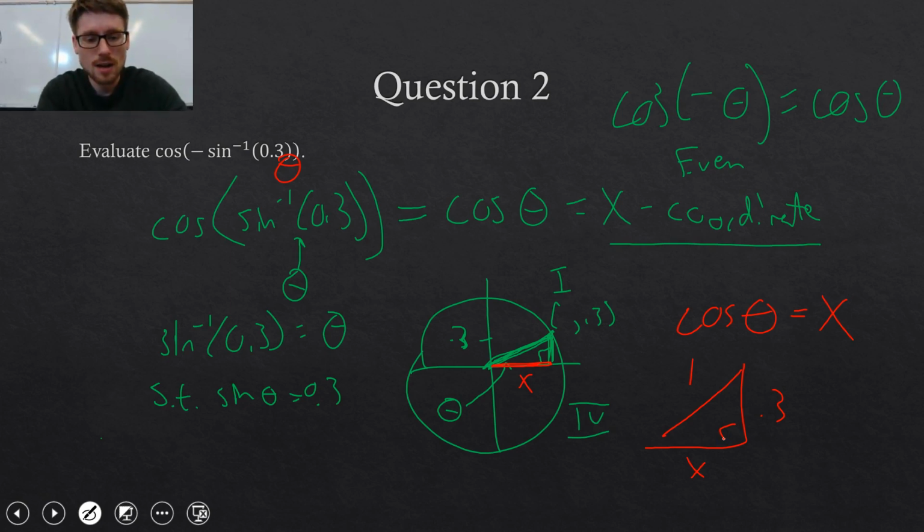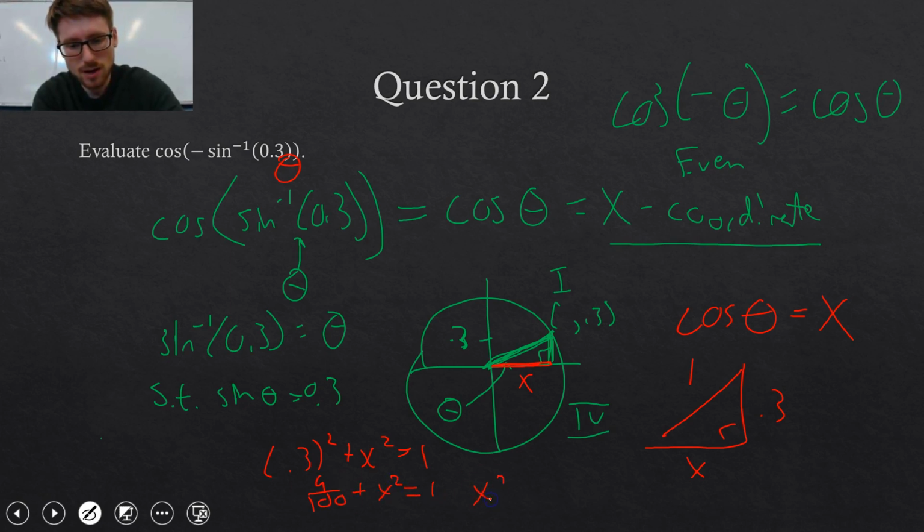So we've got 0.3 squared plus x squared equals 1. This turns into 9 out of 100 plus x squared equals 1.